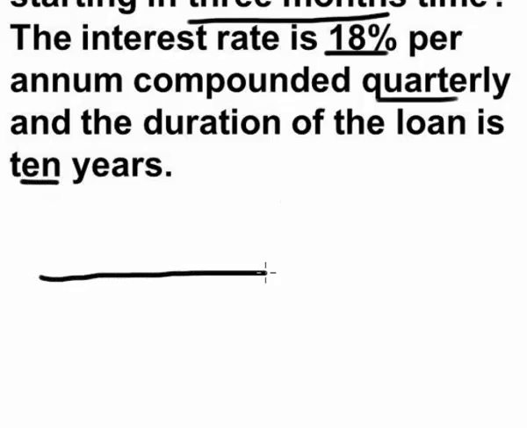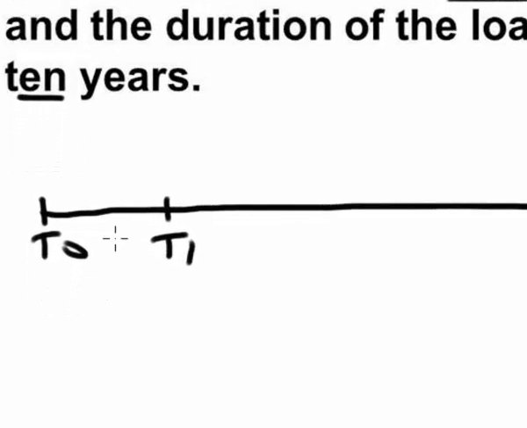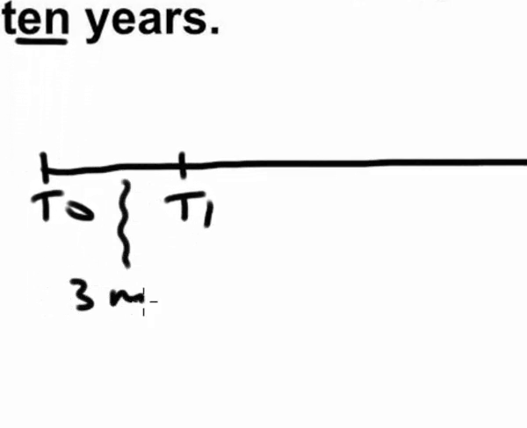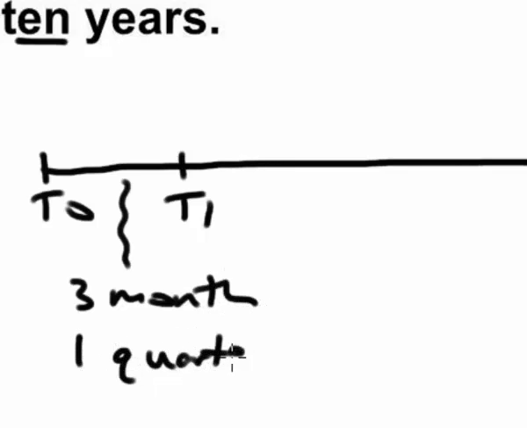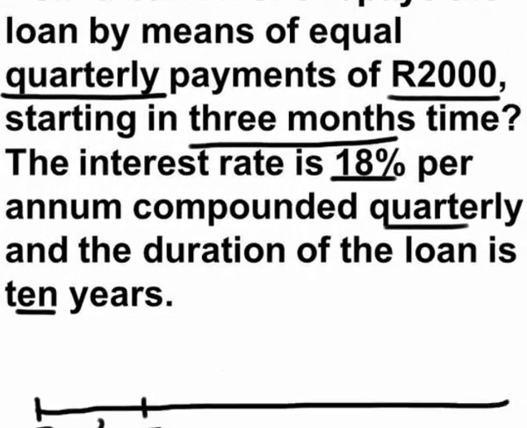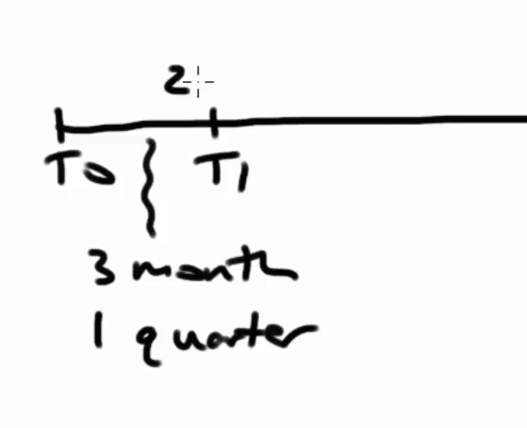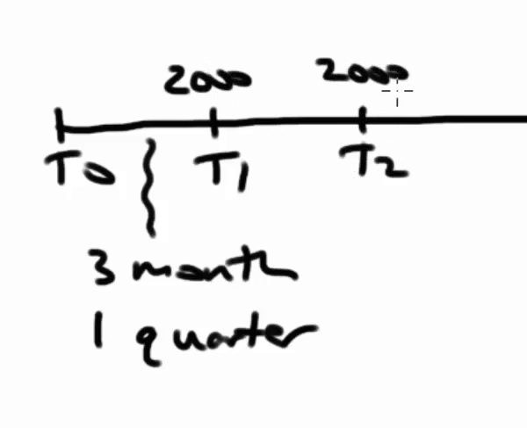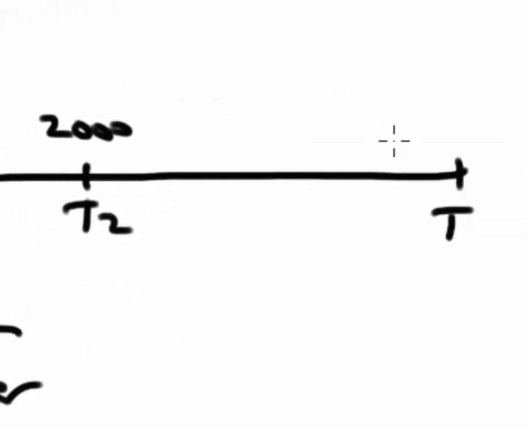Okay, so let's see this. If we take a timeline, this is going to be a 3-month period, or as we call it, 1 quarter. Now if you look at that, she's going to start by repaying 2,000 rand every 3 months, and she does this for a period of 10 years.